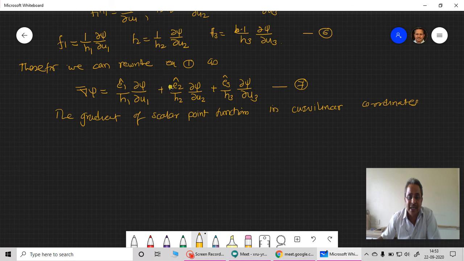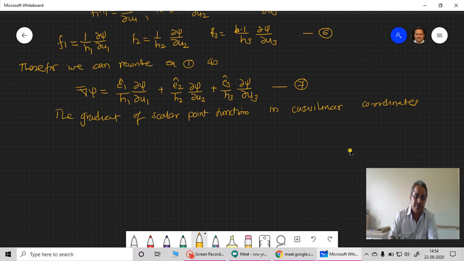This is for the second direction: E2 cap is the unit vector in the second direction, h2 is the scale factor there, and this is the partial differentiation of the scalar point function with the second variable u2, and similarly for the third one. So adding these, I get the total vector quantity called the gradient of the scalar point function psi. One can identify this very easily from equation 7.